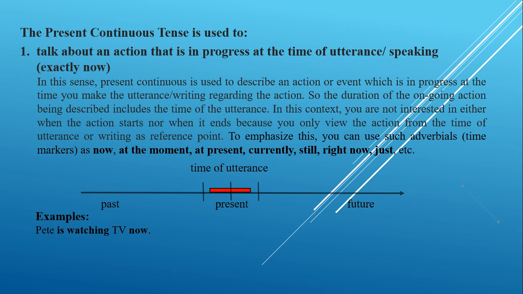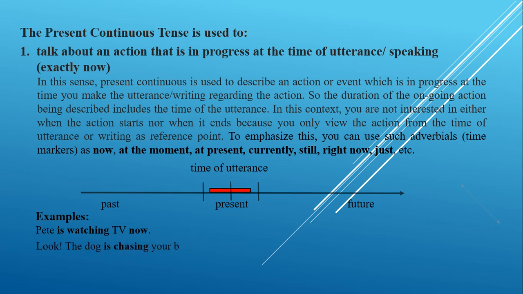So you can reply by making this utterance to your father, by saying, Pete is watching TV now. By the time you say that statement, Pete is still watching and has not finished. So the time of your statement is included within the time of watching carried out by Pete. I hope that's clear.